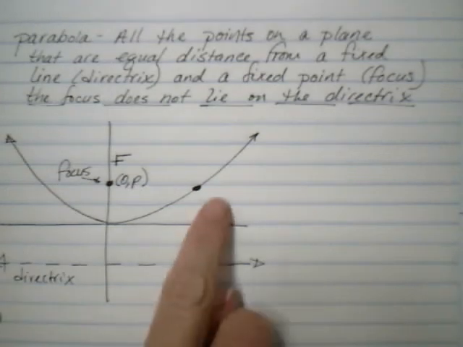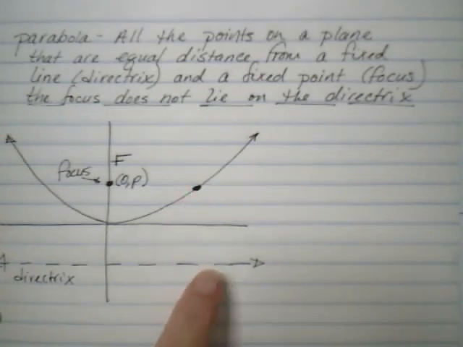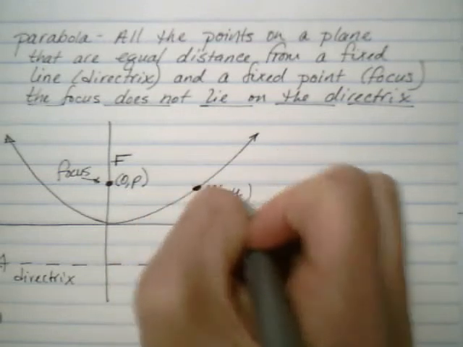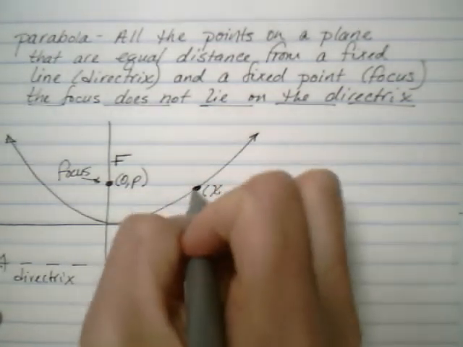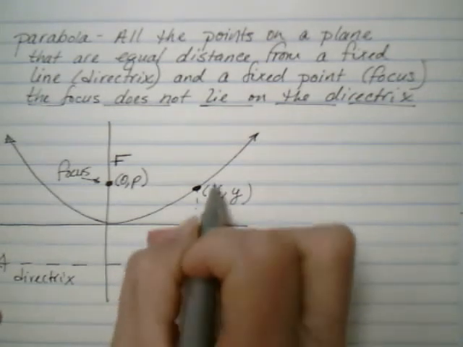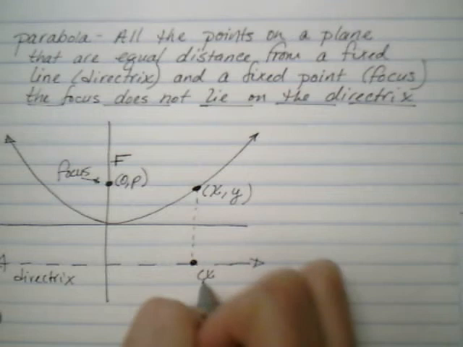Then I'm also going to put a point directly down from this coordinate, let's call this (x, y) to keep it very general. If I drop directly down from that to my directrix, I get this point. It's still going to have the same x value.